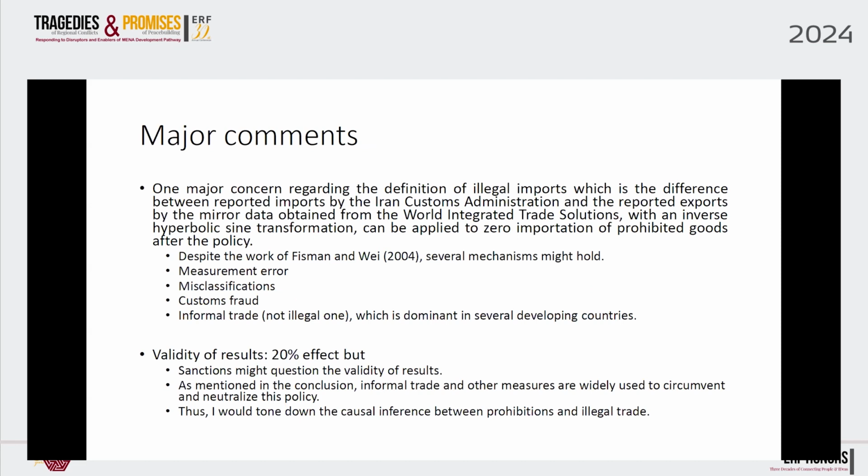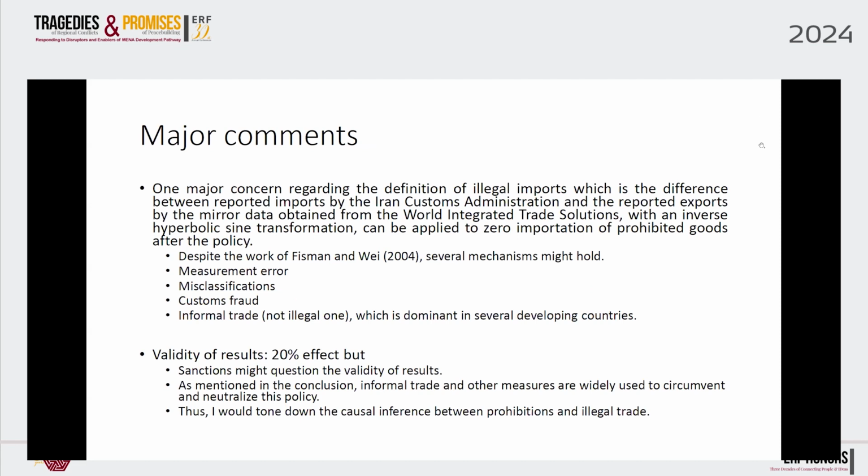And I was wondering also to what extent the results of the 20% effect are valid, in the sense that we already have several countries that impose sanctions on Iran, which means that several imports coming from other origins, by definition, or perhaps those countries are not exporting to Iran.